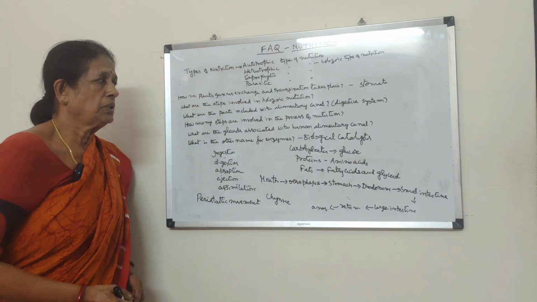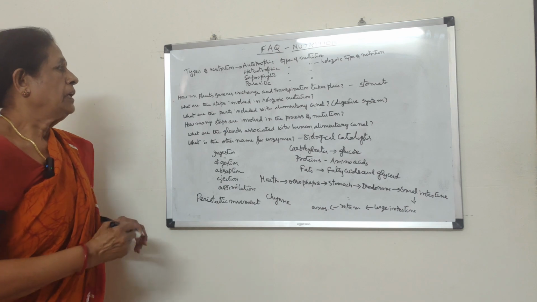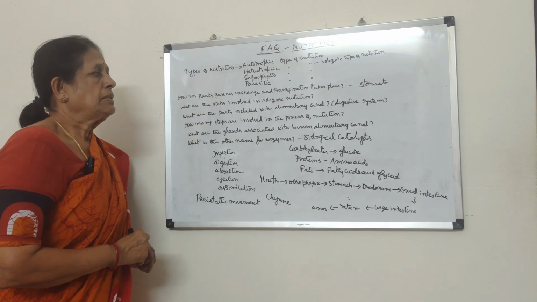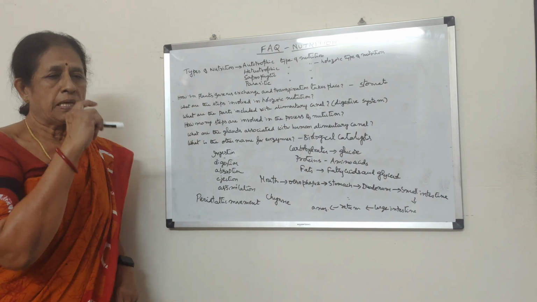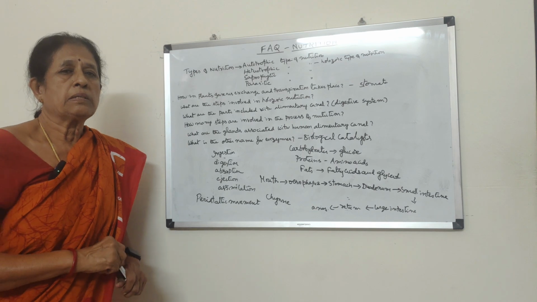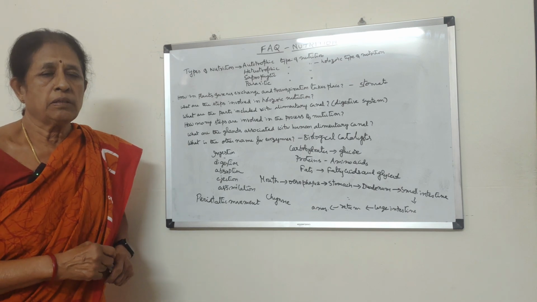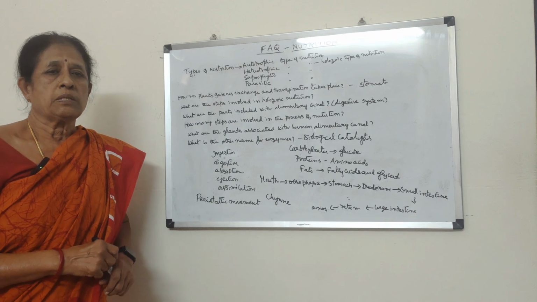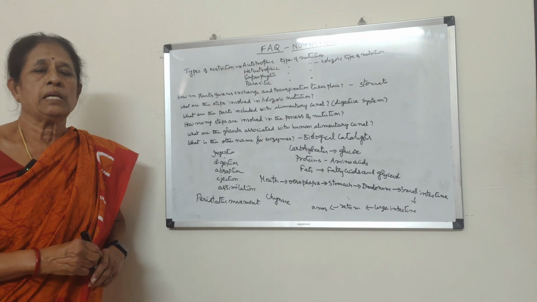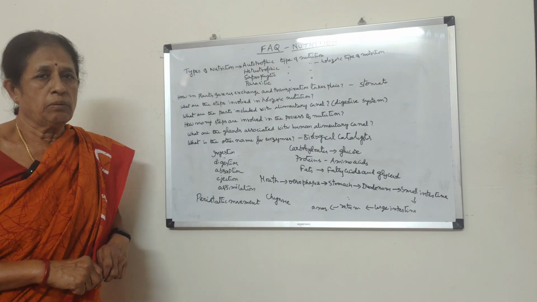Those are the different types of nutrition. And the next question: how do gaseous exchange and transpiration take place in plants? Gaseous exchange means during photosynthesis, carbon dioxide is taken in and oxygen is given out. And during respiration, oxygen is taken in and carbon dioxide is given out.